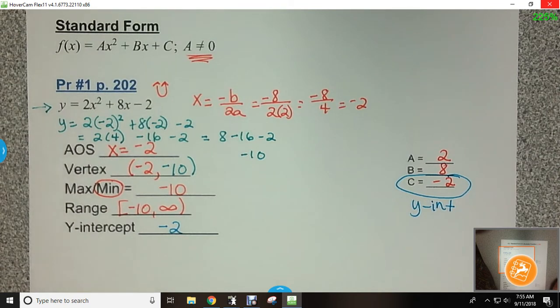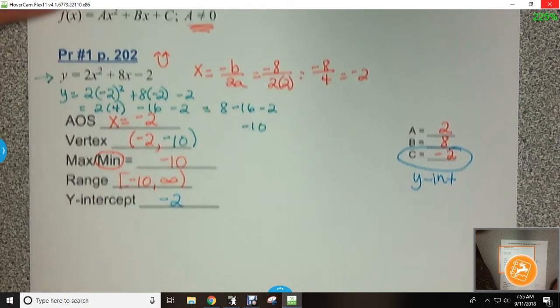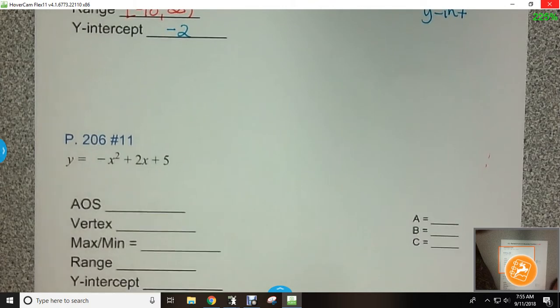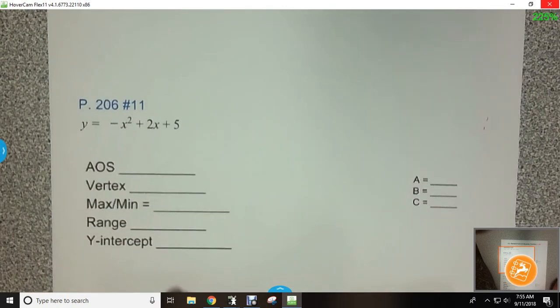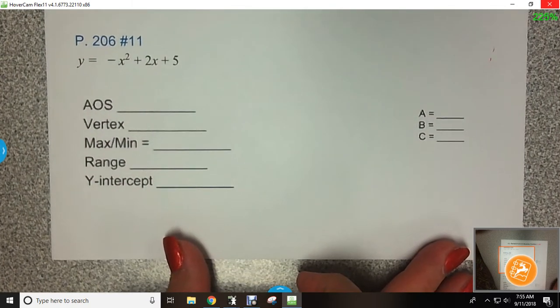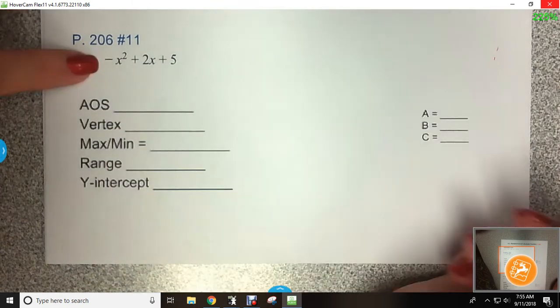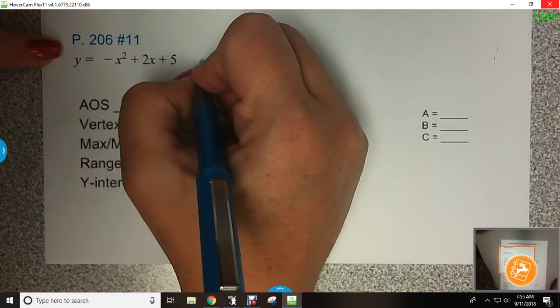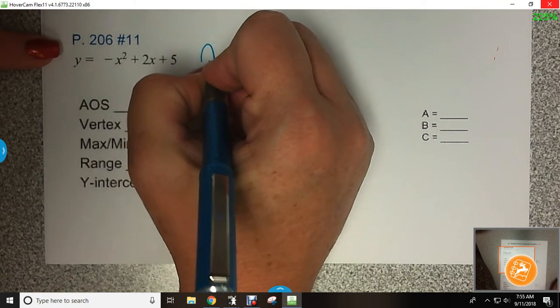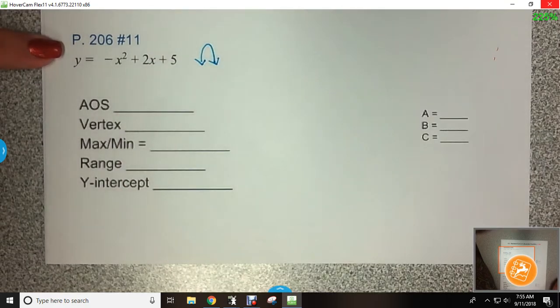Alright, so let's go ahead and go down here. And I want you to pause the video in just a second, try this one on your own. Okay, I'm going to help you get started here real quick. Because this is a negative, I know it's going to open upside down and look like that.